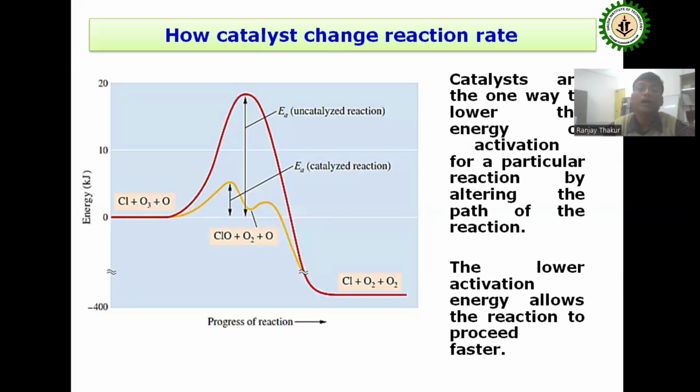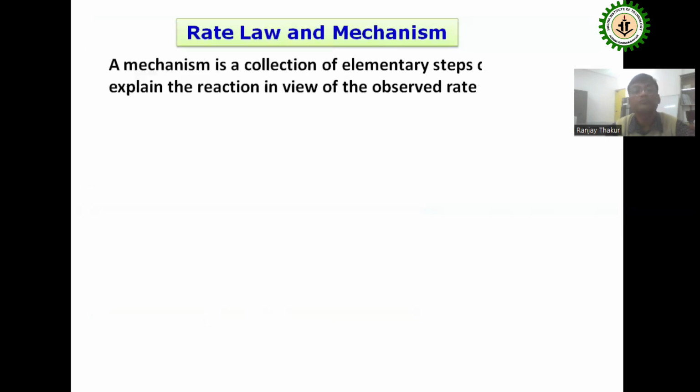Catalysts are one way to lower the activation energy for a particular reaction by altering the path of the reaction. The lower activation energy allows the reaction to proceed faster.